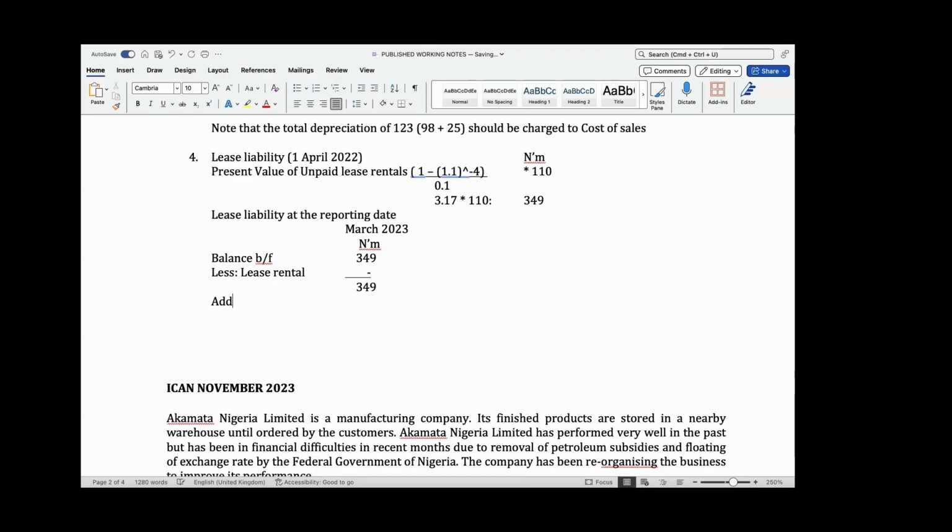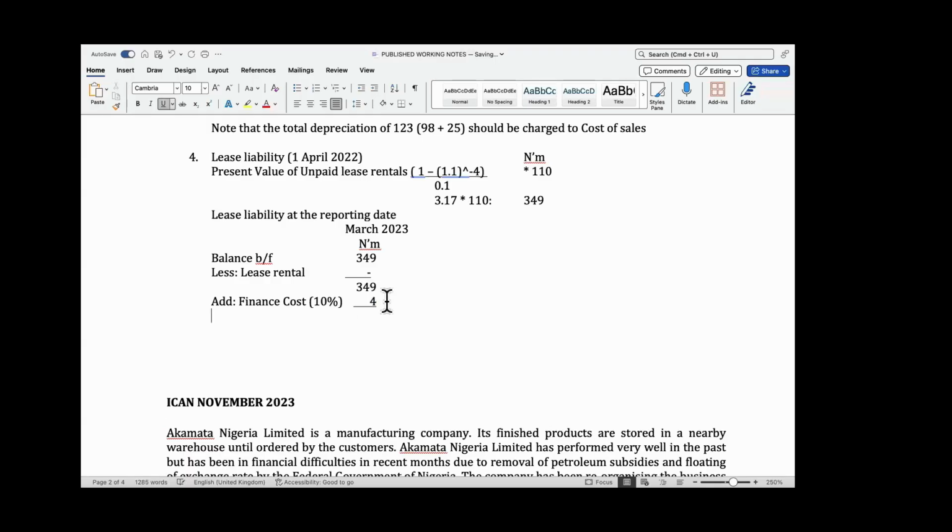Now we can add finance costs at the rate of 10%. So which will be 3 point what? 3.5. So I approximate that to 3.5. 10% of 349.